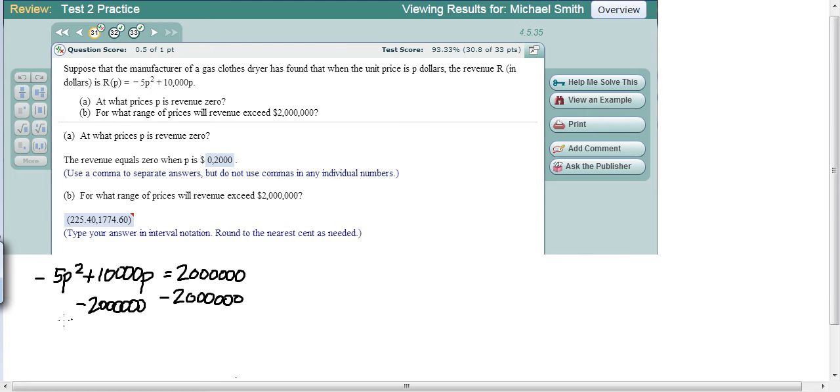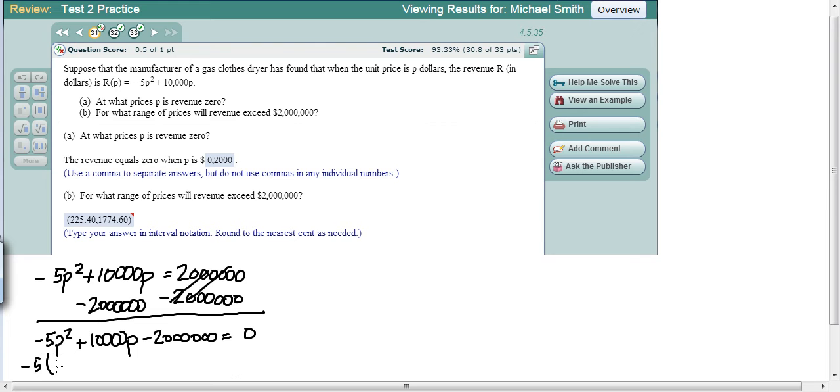And we'll go from there, and I think you're good with this part, but we're left with negative 5p squared plus 10,000p minus 2 million. Alright, and then we factor out a negative 5, and we get p squared minus 2,000p plus 400,000 equals 0.